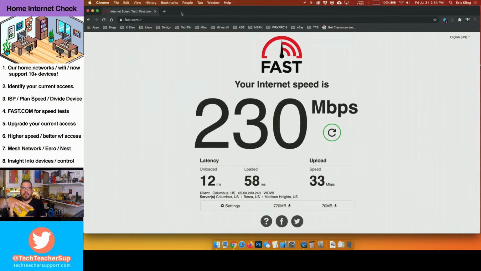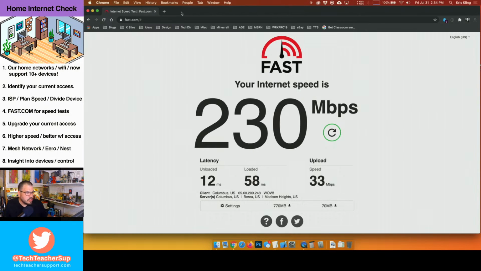So even if you were to pay for more internet, you're still putting it through the funnel, which is your home equipment, and it's not taking full advantage of all of the internet you pay for. So you don't want to funnel your internet by having bad equipment. So let me show you real quick.